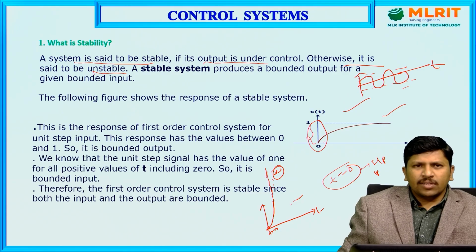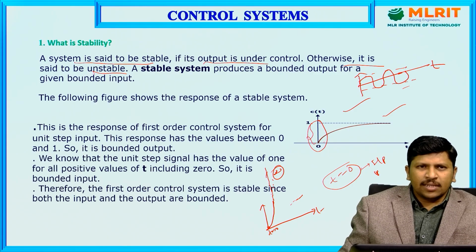When the system is going to be stable, when it is going to be unstable, and what the stability conditions are, whether marginally or absolutely stable or conditionally stable. We learned all of this in today's session.